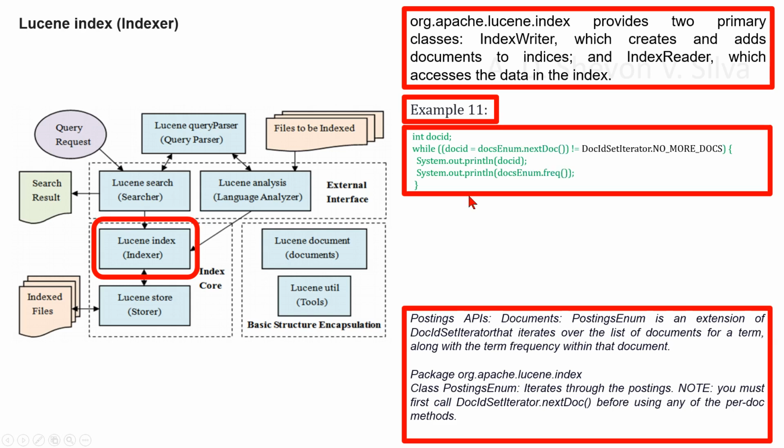The class PostingsEnum in package org.apache.lucene.index iterates through the postings. Note that you must first call DocIdSetIterator.nextDoc before using any of these per-doc methods.